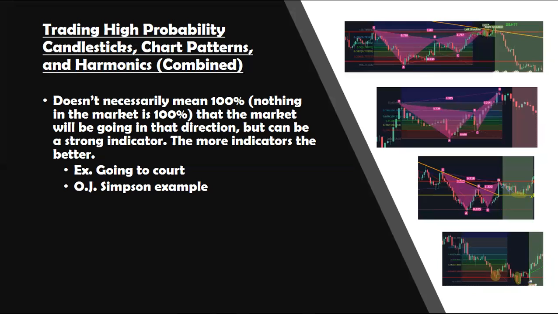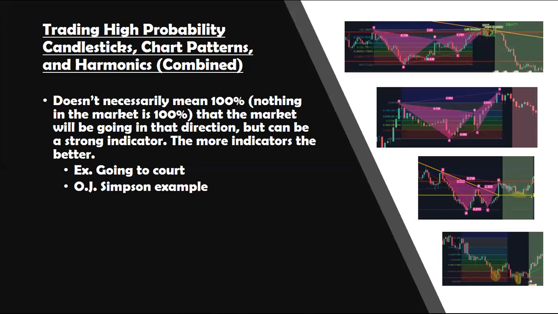And it's the same thing as I mentioned to most of you guys. Let's say you go to court, and the more evidence you have, the better, right? If the prosecutor only has a limited amount of evidence, it doesn't really make them more valid, versus if they had a lot of evidence, that can play more towards their advantage.